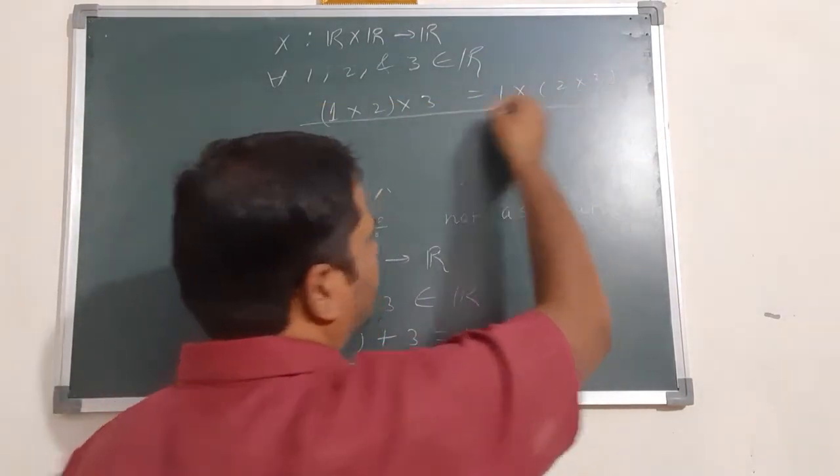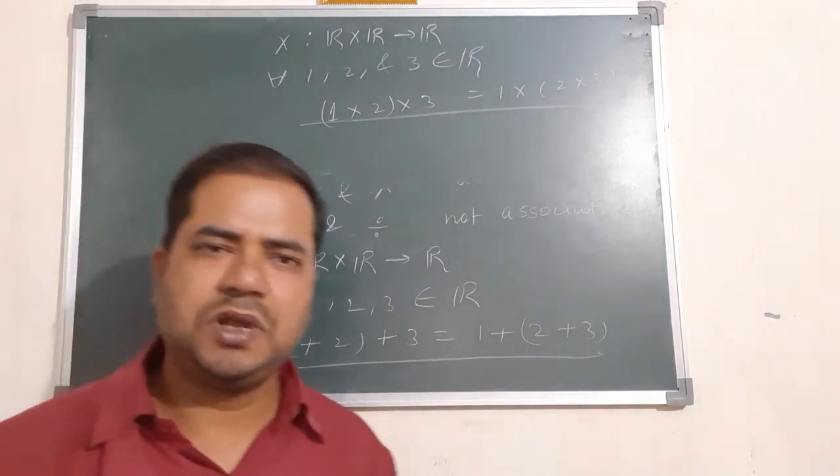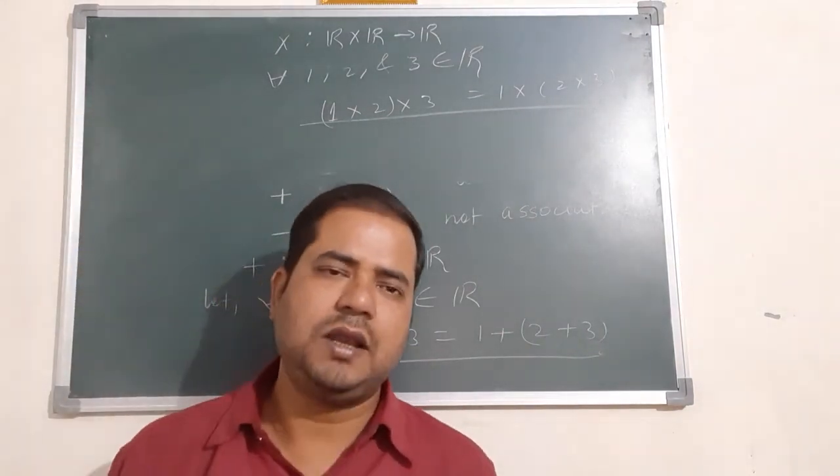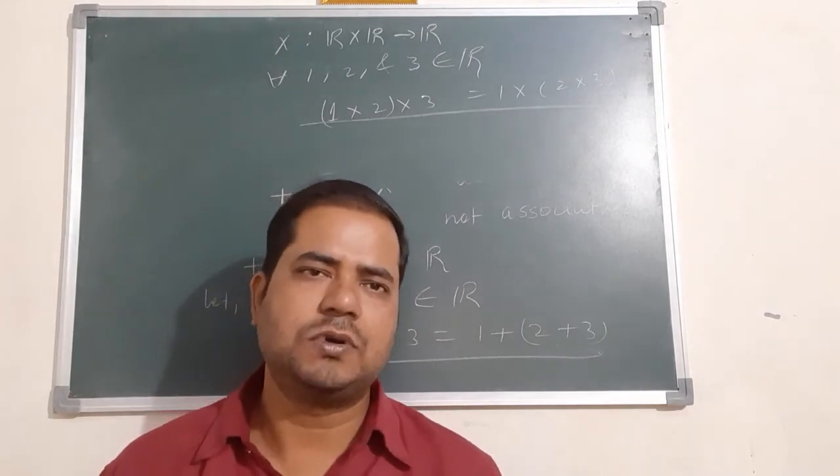These both are equal. And that's why you can say, yes, multiplication is an associative binary operation.